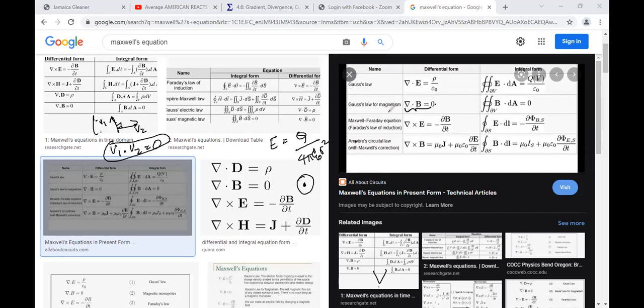Basically this law is saying that if you have a magnetic field and you take any vector perpendicular to the magnetic field, remember I said this here is the derivative of the magnetic field with respect to x, y, and z. Let us say that the magnetic field, for argument's sake, was x squared.